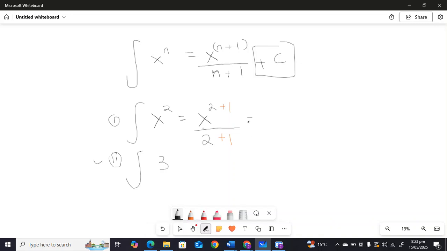That's how you get x to the power 3 over 3. Then you add a plus c. Is that okay, sir? Any questions, colleagues?